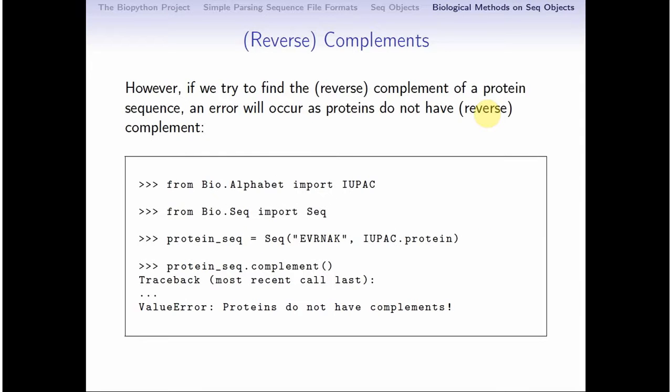However, if you want to find the reverse complement or complement of a protein sequence, an error occurs. Why? Because a protein sequence doesn't have a reverse complement or complement. So over here we have an error. This is very good because it helps you check whether you can run the method or not.